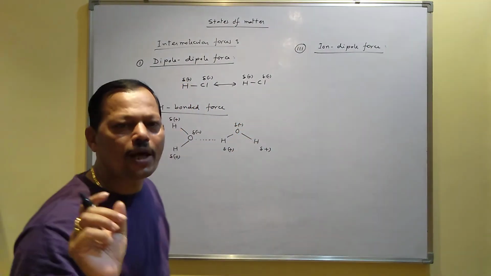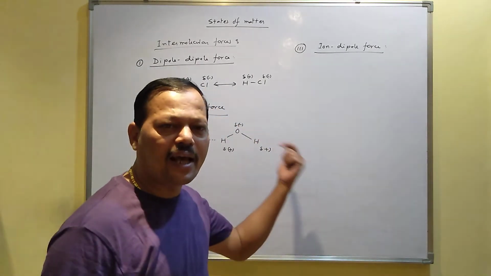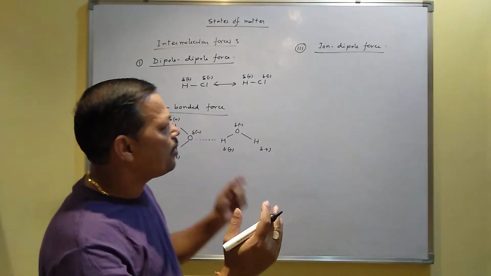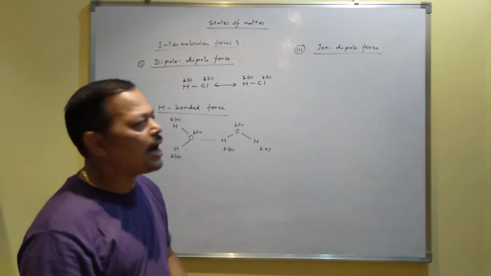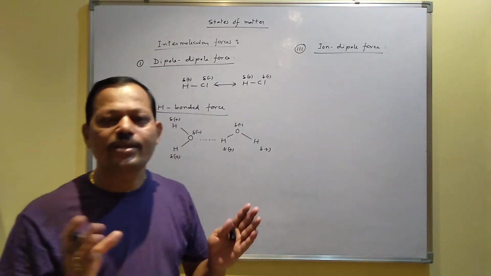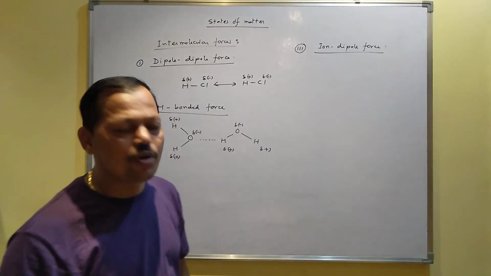As you know, there are two types of ion, positive ion and negative ion, which are called cation and anion. So you can take any cation or any anion, and you have to take one polar molecule. In between them some force of attraction exists, and that force of attraction is called ion dipole force. So if you want to write the definition of ion dipole force, this type of force exists in between an ion and a polar molecule.